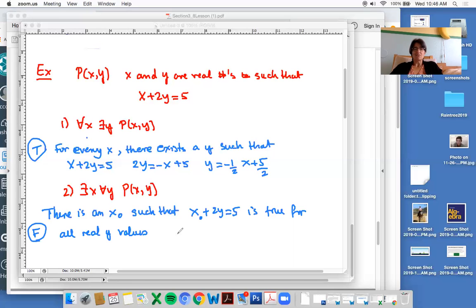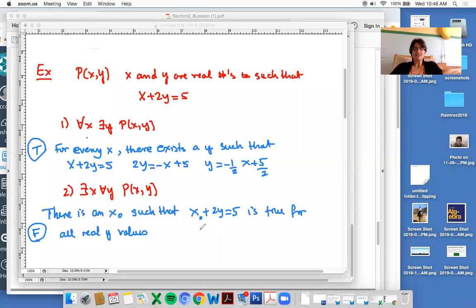I can find a particular value of x, like 1, and the statement will be true for one particular value of y, but it will not be true for every real value of y.